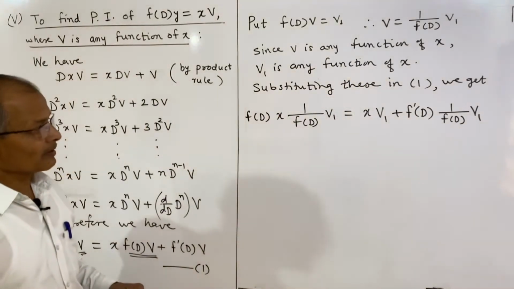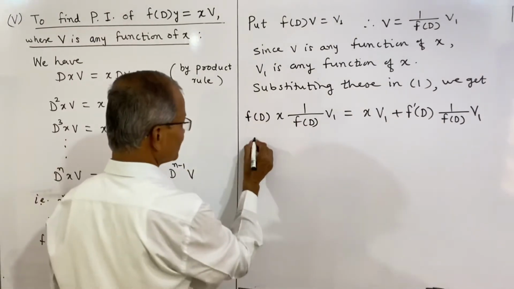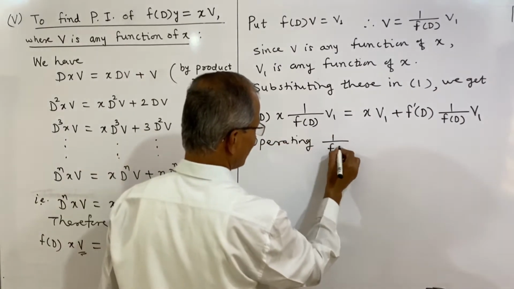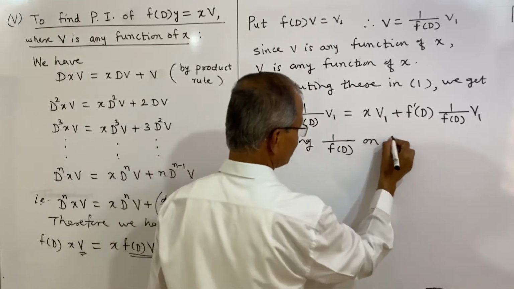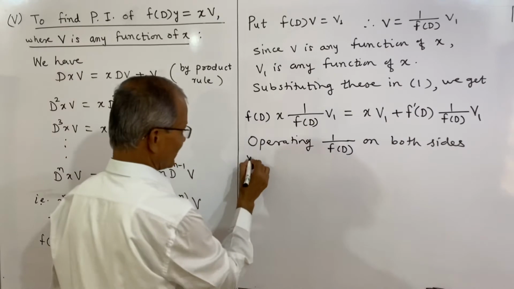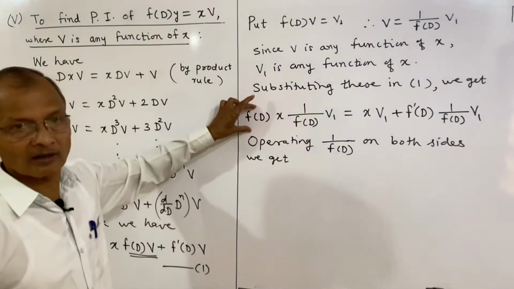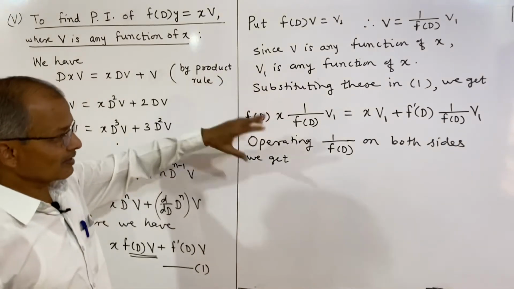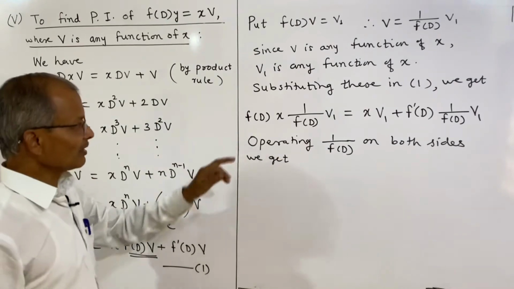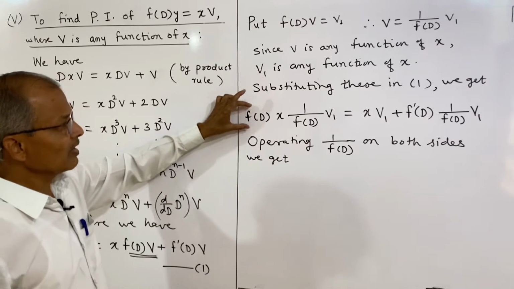Now we shall operate the inverse operator of f of d, that is 1 over f of d, on both sides. If you operate 1 by f of d, by definition it is that function which when operated on f of d gives 1. So these are inverses of each other, and this term cancels, 1 upon f of d into f of d.